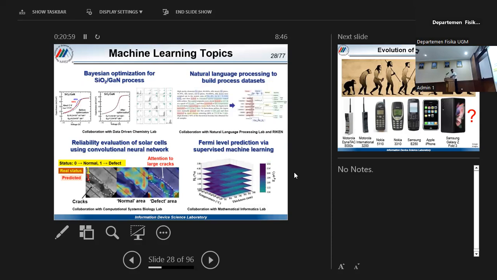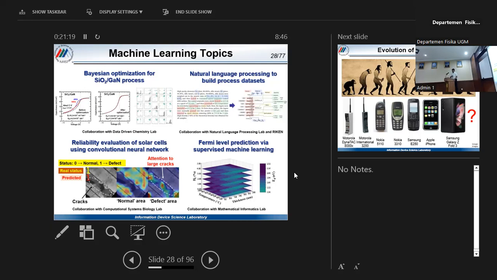So we use Bayesian optimization in order to optimize the fabrication parameters. If you've worked in the device fabrication field, you can imagine that there are so many parameters that you need to change in order to, for example, deposit a particular film.